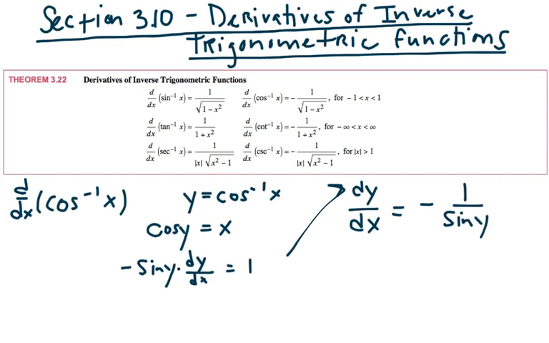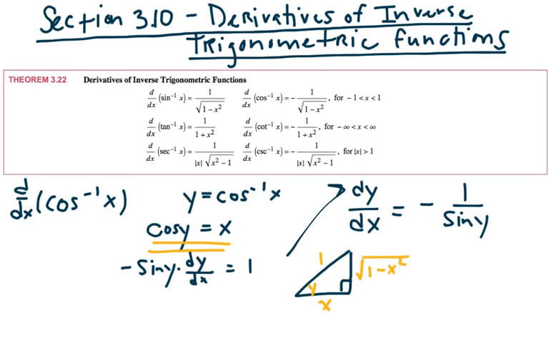But our original derivative is with respect to x, so we want our answer to be in terms of x's. So I go back to the idea of a right triangle. I have this relationship between x and y, that cosine of y is equal to x. If I call this little angle y, if the cosine of y is x, then this side is x, the hypotenuse is 1, and using the Pythagorean theorem, the third side would have to be radical 1 minus x squared.